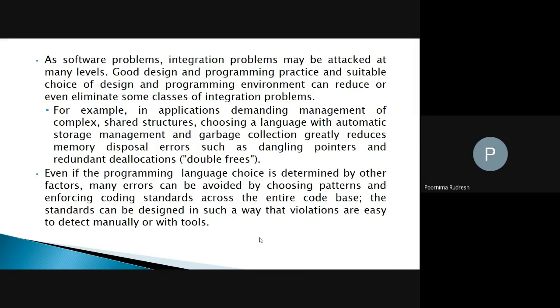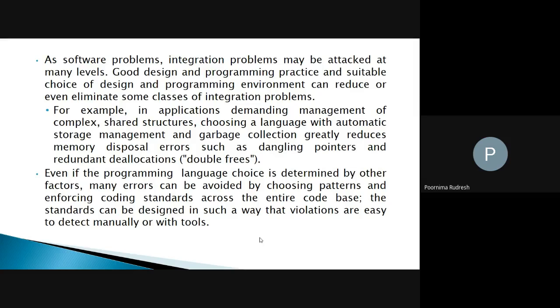So as we know that the integration problem may occur at different stages of software development, and by choosing a good design and programming practice, and by choosing the proper programming environment, we can try to minimize or reduce, or even to some extent we can eliminate some classes of integration problems.